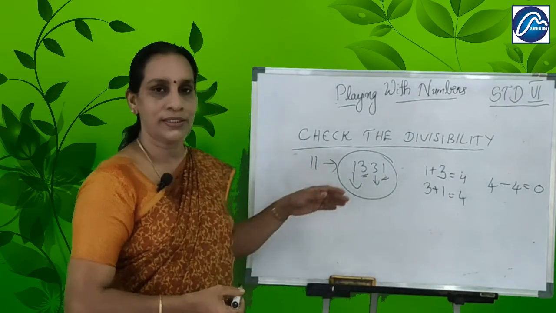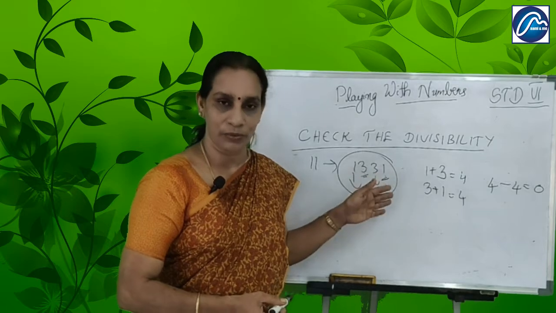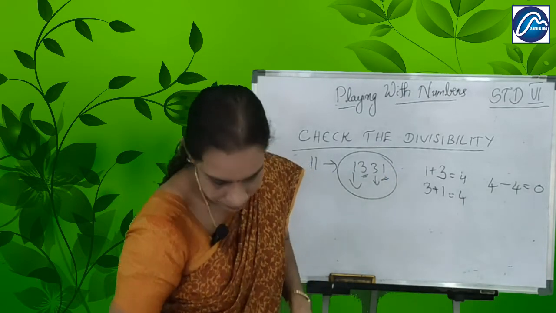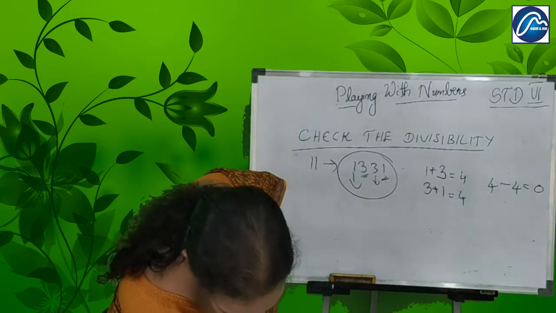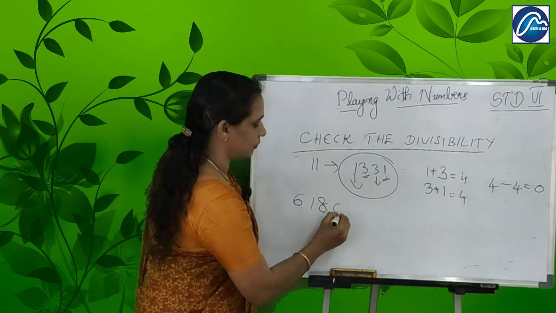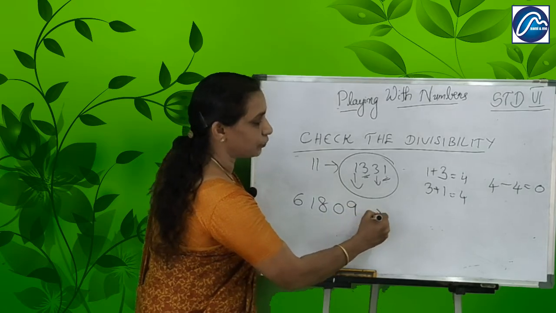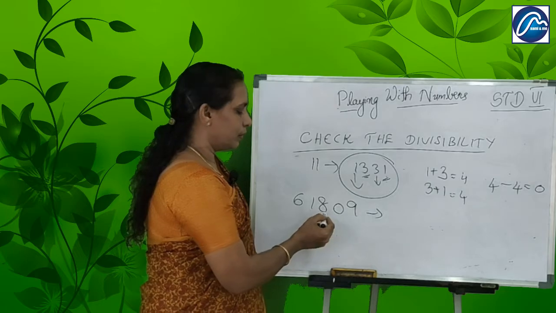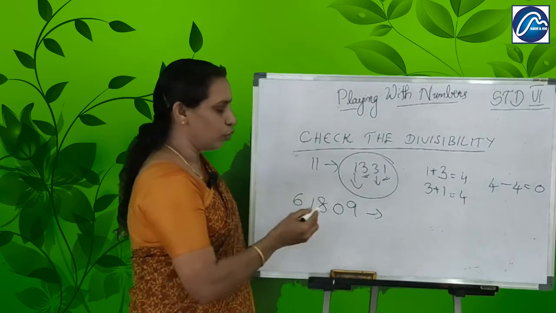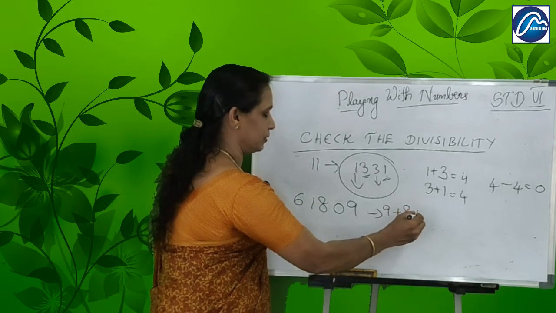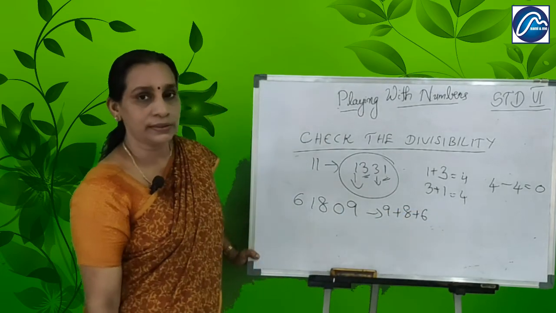That means this number is divisible by 11. Give another example. 61809. Look at the digits at odd places. 9, 8, 6.